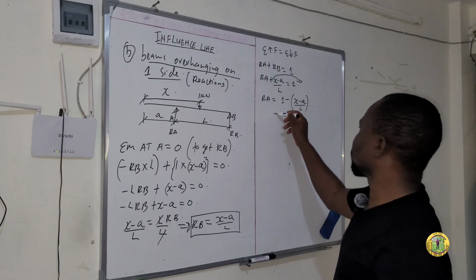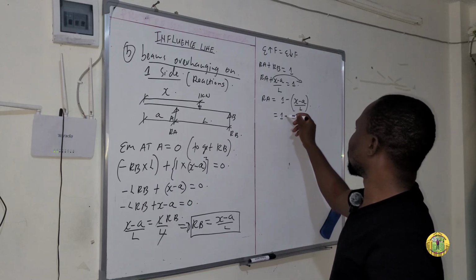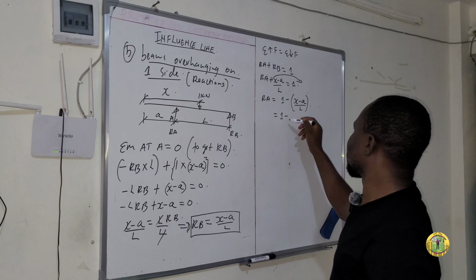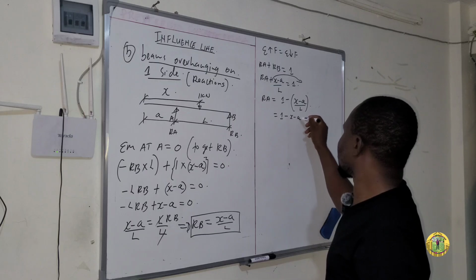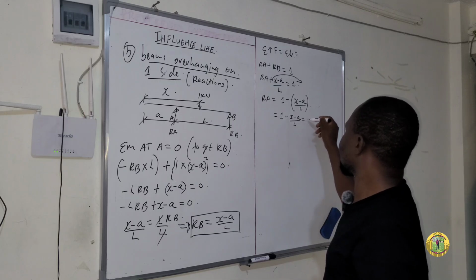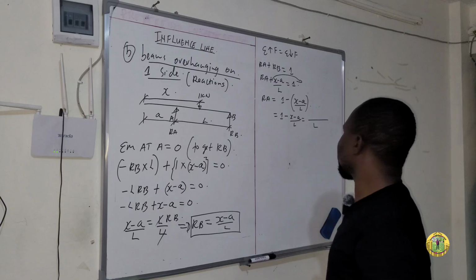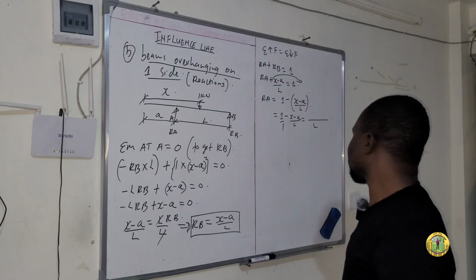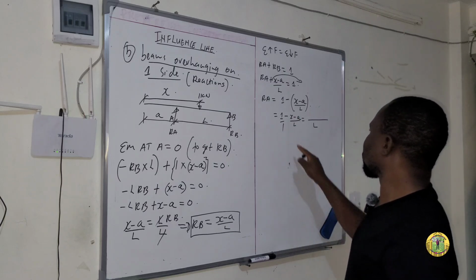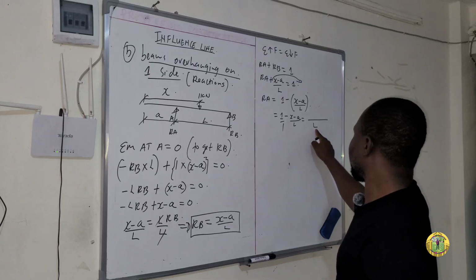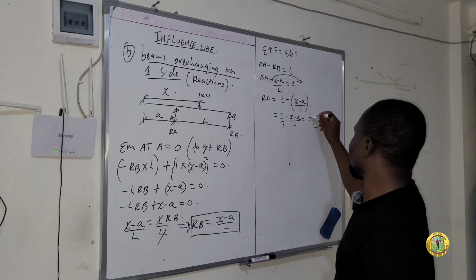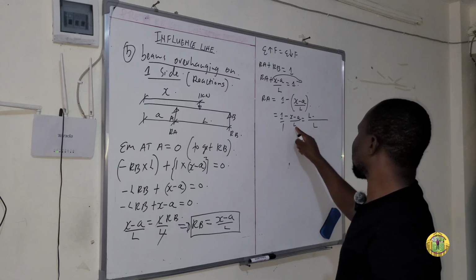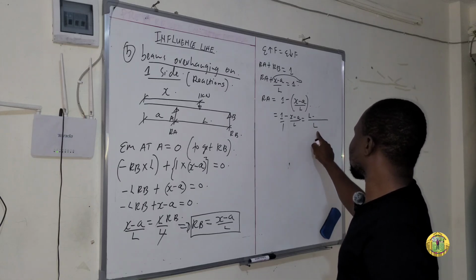So this one will be 1 minus x minus A over L. So the LCM is L over 1. So 1 will go into L times 1 will be L. L minus L into L is 1.